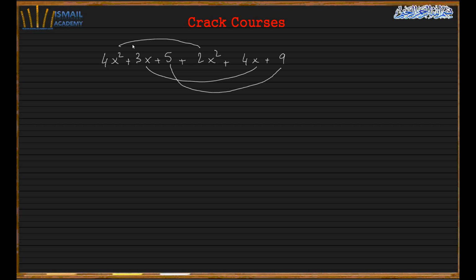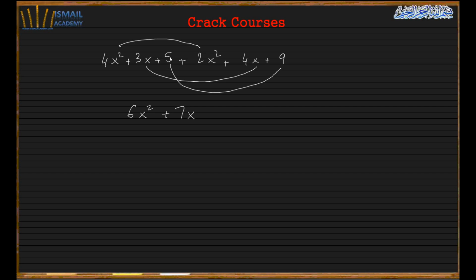So here I will have 4 of that thing plus 2 of that thing, so it's going to be 6 of that thing. When the quantities are similar, I combine their value. The value of this quantity is 4, the value of this quantity is 2, so I combine their value. This quantity has 3 as the value, and here I have value 4, so I combine the value here.